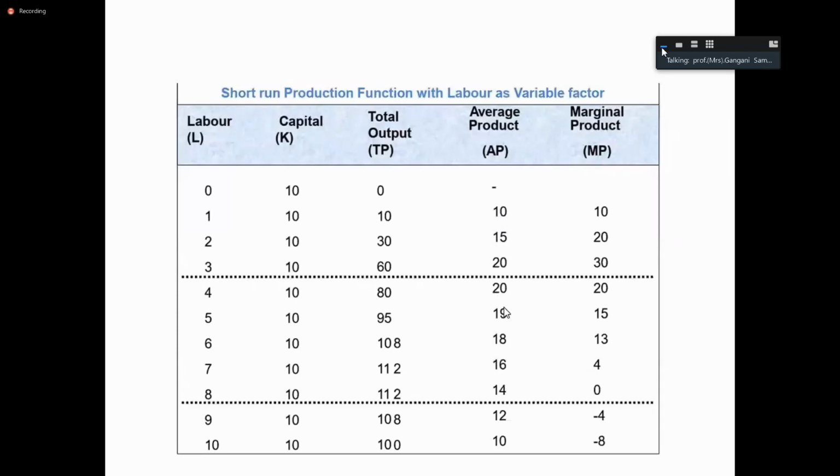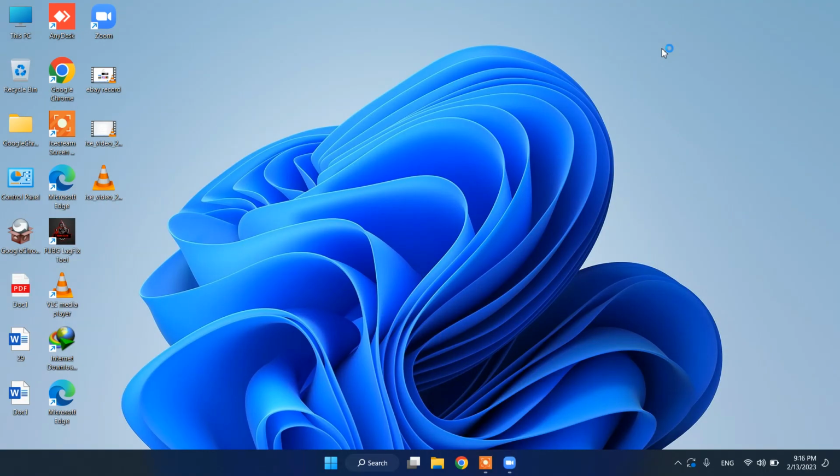Increasing, gradually decreasing. Very good. And what happened to the marginal product? Decreasing.